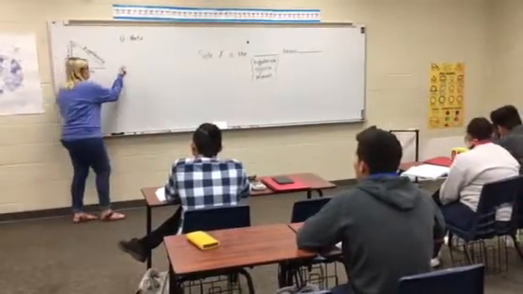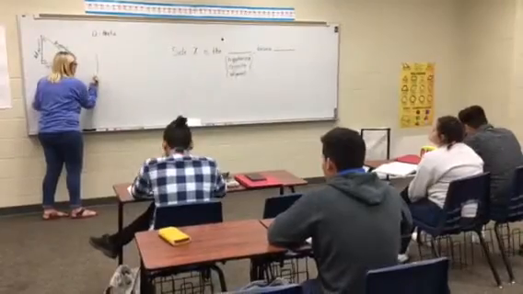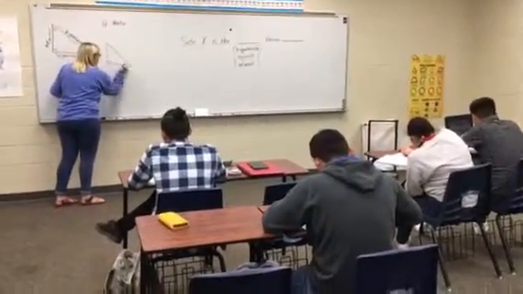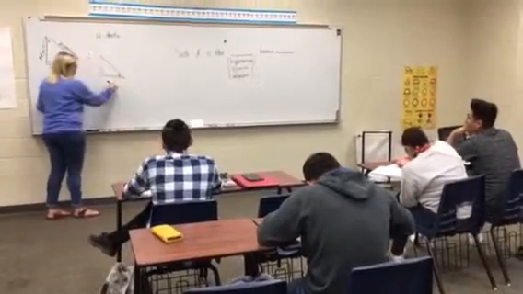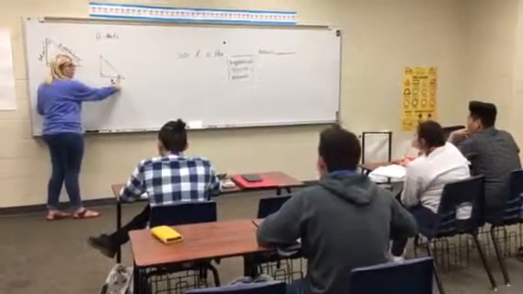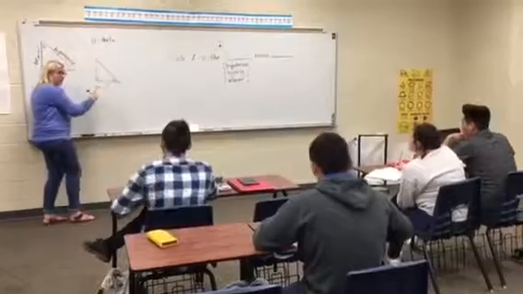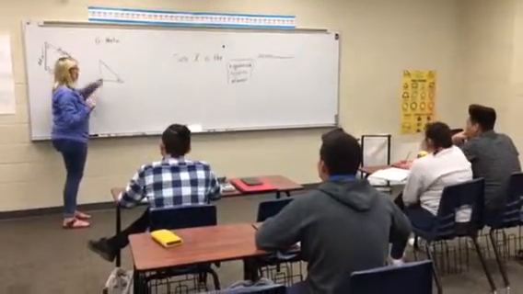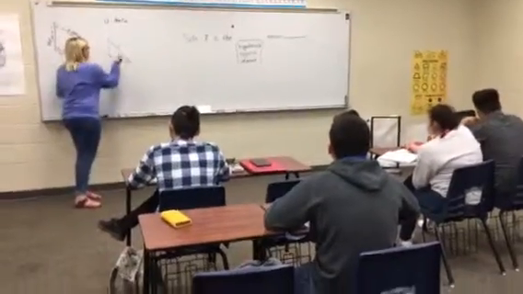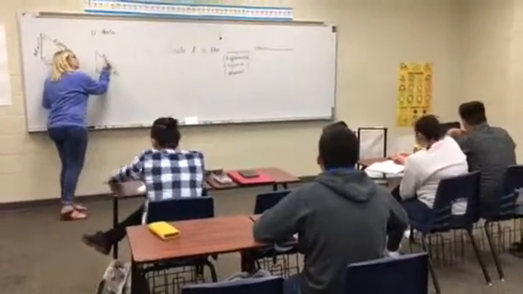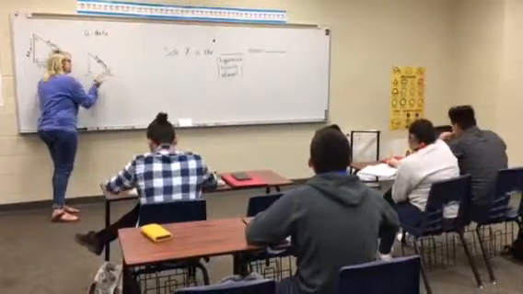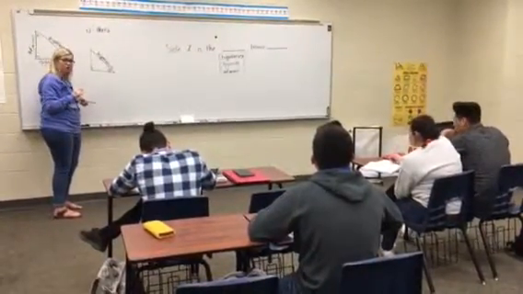So let's practice a couple. We'll draw one. What do we call this? Theta, good. What is this side? Hypotenuse. How do you know? Because it's across from the right angle.